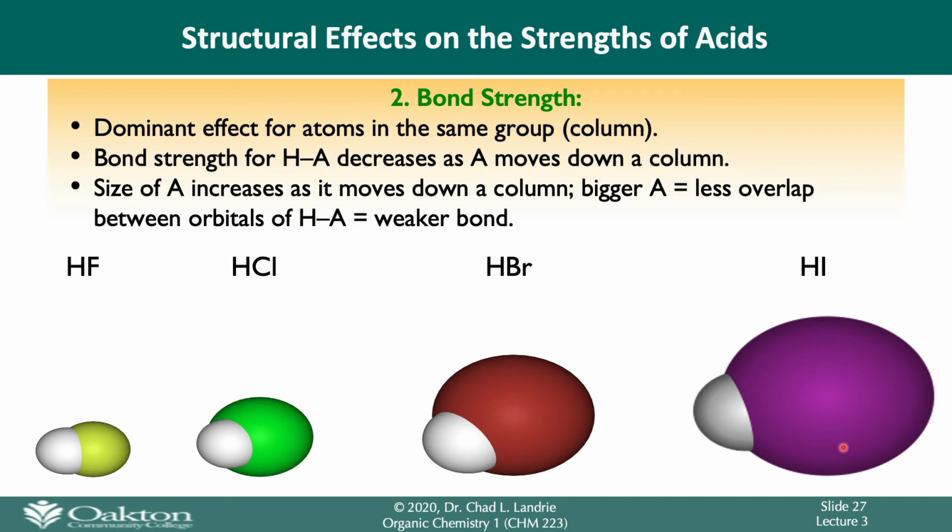So iodine is the biggest of this series. All right, let's just write that down. Iodine has the biggest orbitals. And because of that, those orbitals are going to overlap the poorest with the hydrogen atom. So we've got poor overlap.